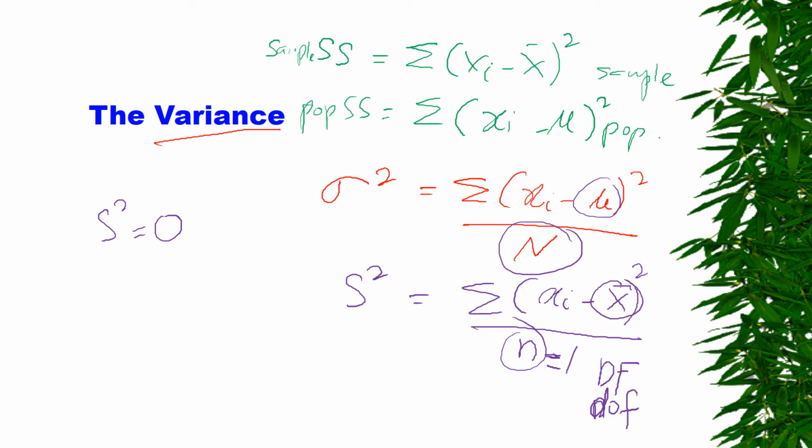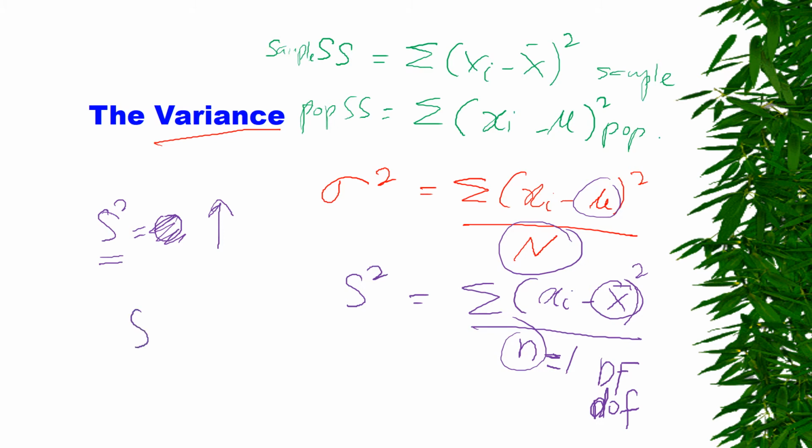The sample variance becomes increasingly large as the amount of variability or dispersion increases. Remember that a higher sample variance means a large amount of variability and dispersion.